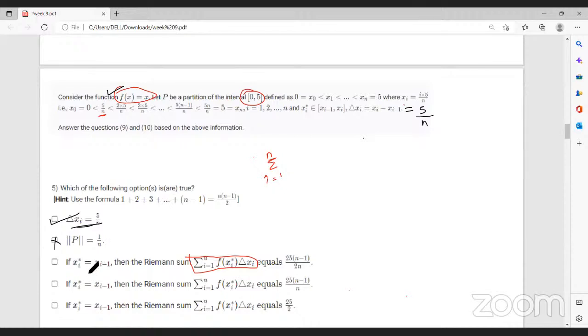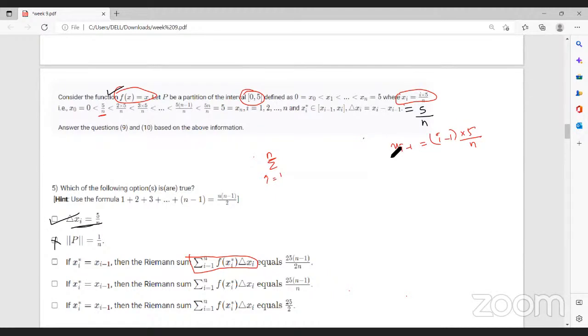So my xi is i into 5 by n, right? So xi minus 1 will be i minus 1 into 5 by n, only, right? That is 5 minus 5 by n if you multiply inside the bracket.